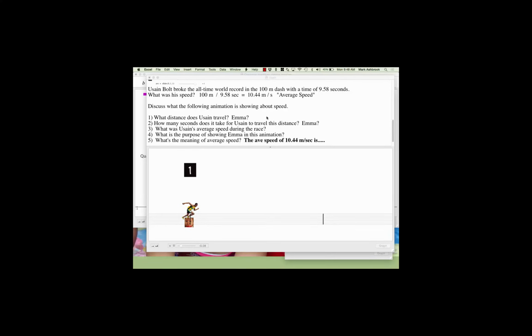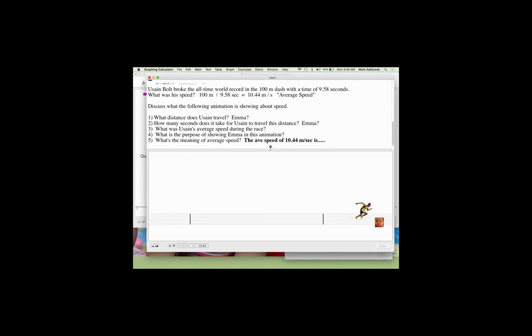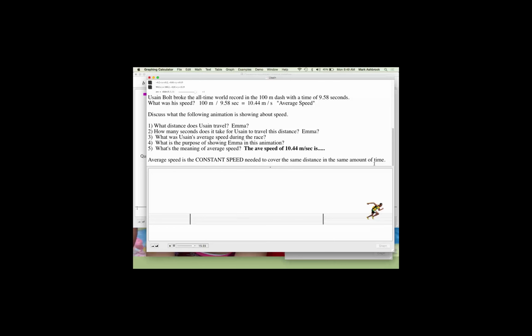Questions 1 and 2. So it's a constant speed that achieves what relative to Usain? 9.58 seconds, 100 meters. So it's the equivalent constant speed to get the same distance in the same time. It's only one number.